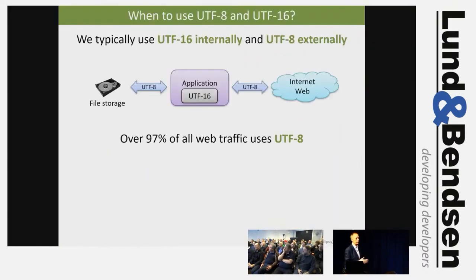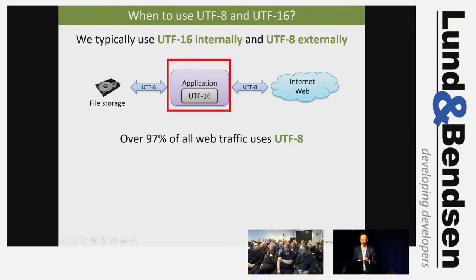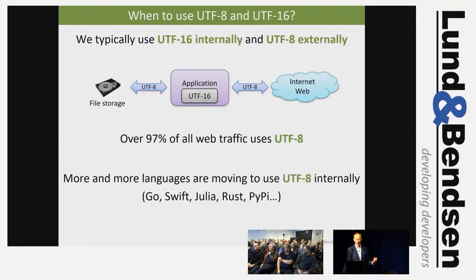The typical case is that you use UTF-8 when you store text on disk or send it over the internet, but in Java or C# you usually use UTF-16 in memory. But there's also a trend to use UTF-8 everywhere, both internally in memory and when you send it on the web. Then you don't need to translate between UTF-16 and UTF-8 back and forth, so you would gain some performance.